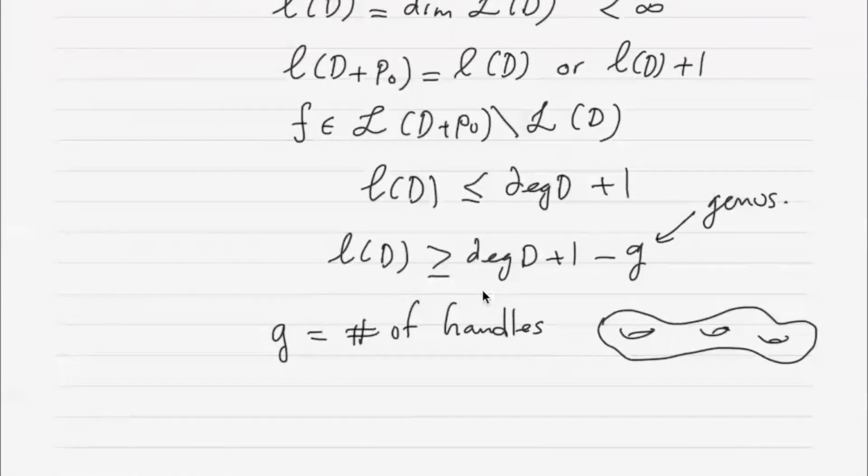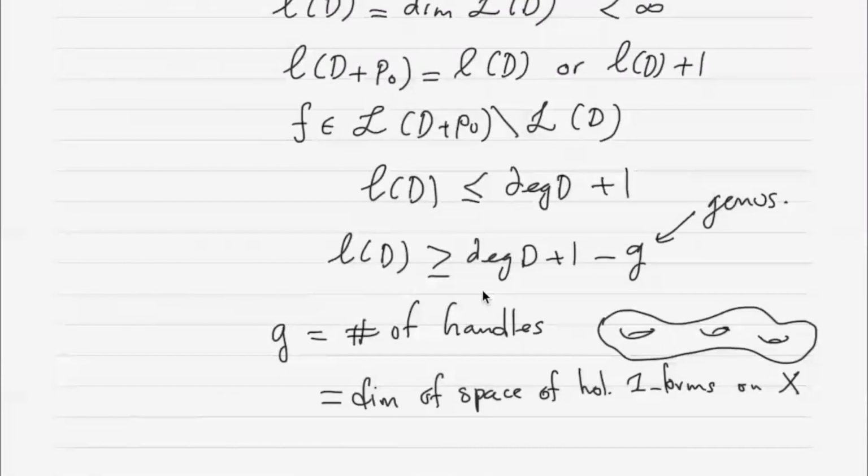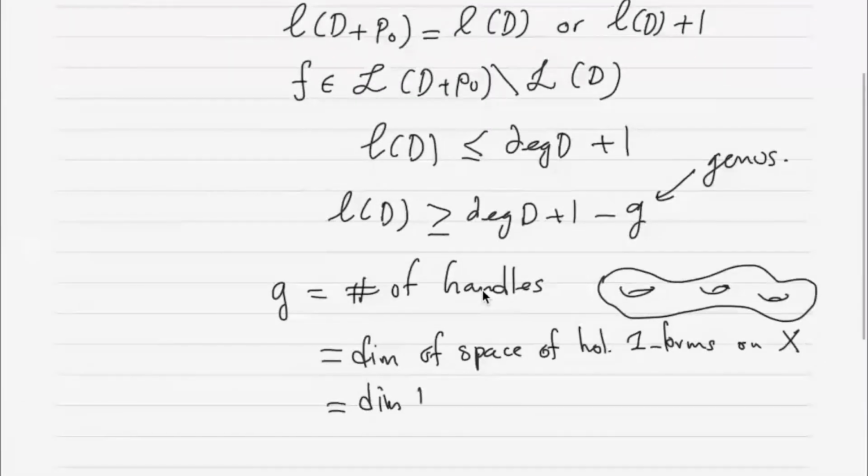That's going to be the genus. So here you have a genus 3 Riemann surface. But you can also define it as the dimension of the space of holomorphic one forms on X. Or you can also define it as the dimension of the first cohomology of X with coefficients in the structure sheaf. Now this looks a little fancy.